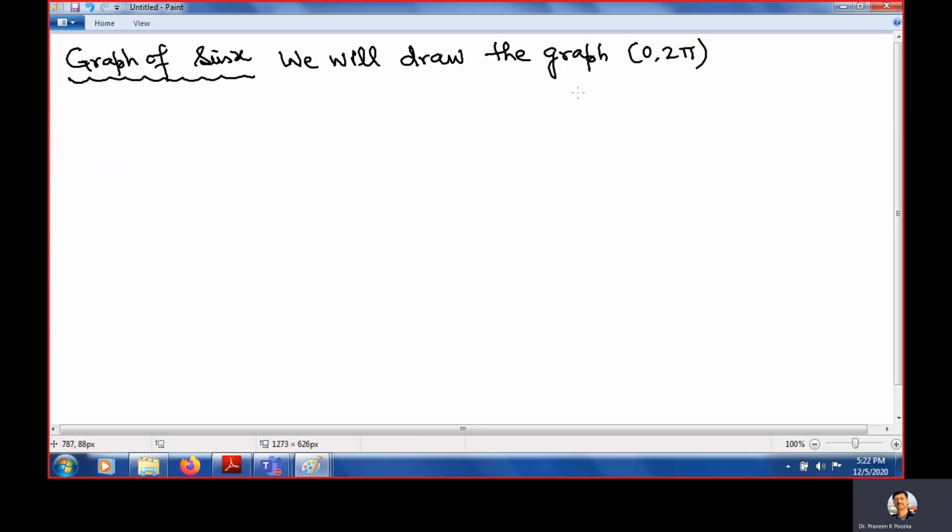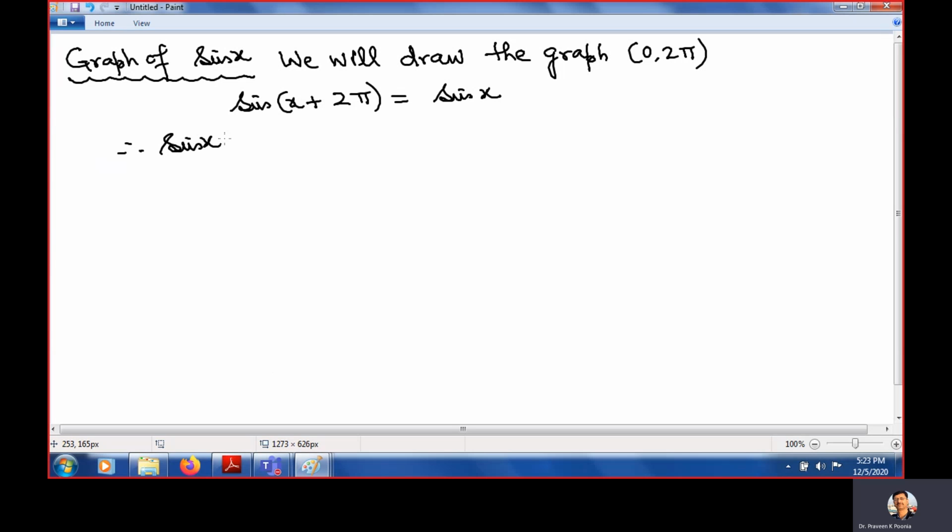Because if you see, sin x plus 2 pi is always sin x. Clear? Please remember this: sin x plus 2 pi is equal to sin x.